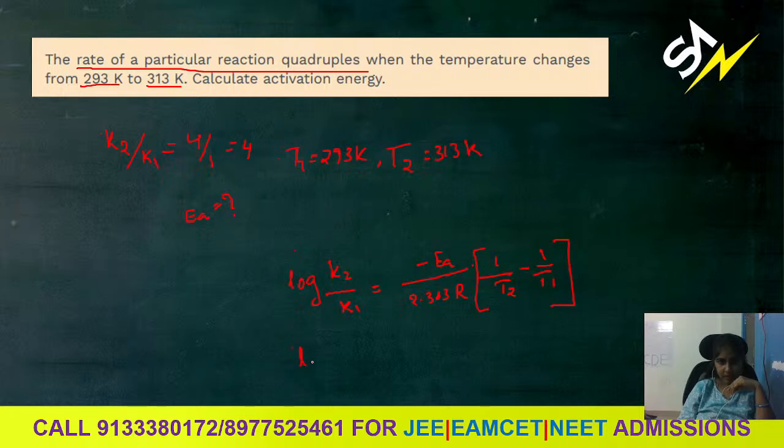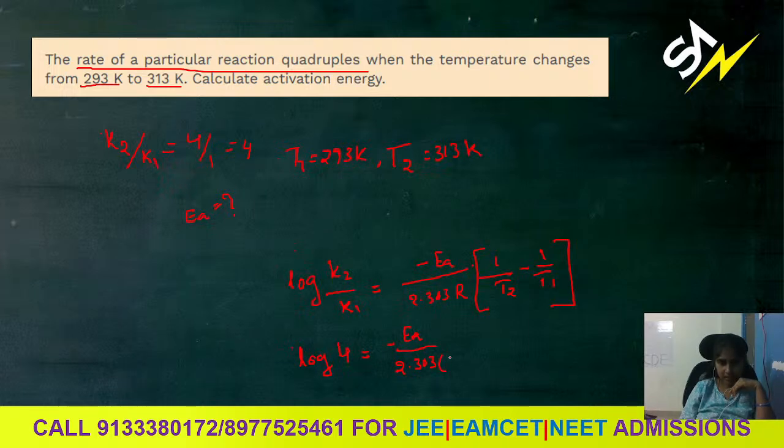If we apply, log of K2 by K1, which is 4, is equal to, we need to calculate activation energy. As per the formula it is 2.303 and R is the universal gas constant.